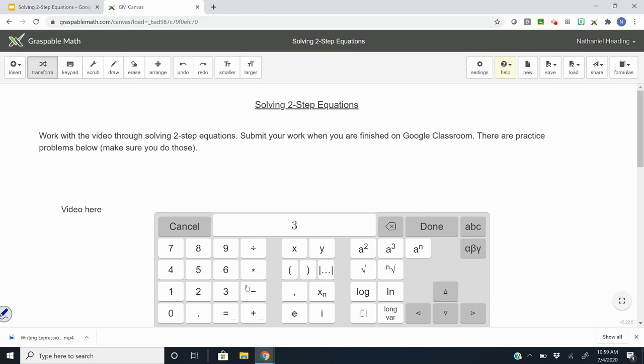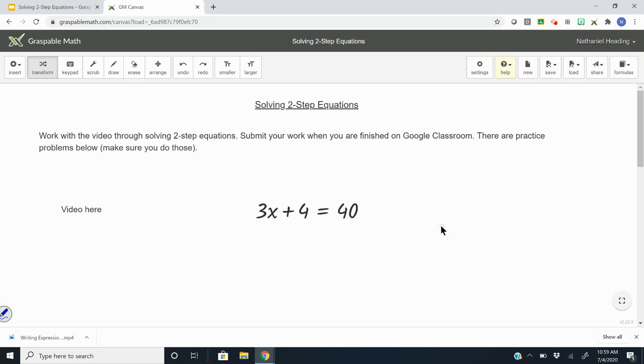So I'm going to do 3x and just use x like the letter x plus 4 equals 40. I'm going to type in my expression, and when I'm done, I'm just going to click Done. And there it is. Now, to move your object, you see here how I hover over the left, it turns into these little arrows. I can click it on the left and scoot it over.